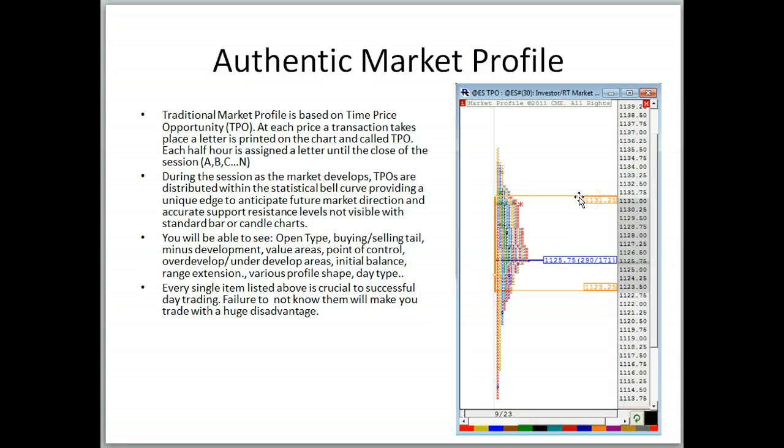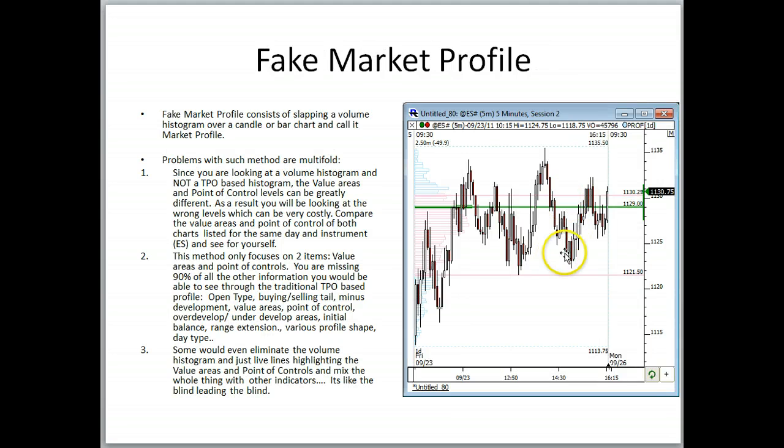Value area high 1131 and a quarter, totally different. Point of control 1125 and 75, completely different. Value area low 1123 and a quarter, completely different. So this is giving me the wrong information according to traditional market profile, TPO based.